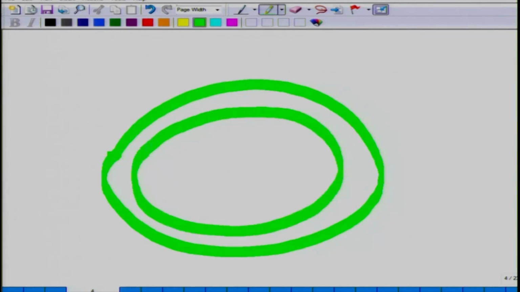This is outside and this is inside. What we are trying to tell is that the membrane is asymmetric.